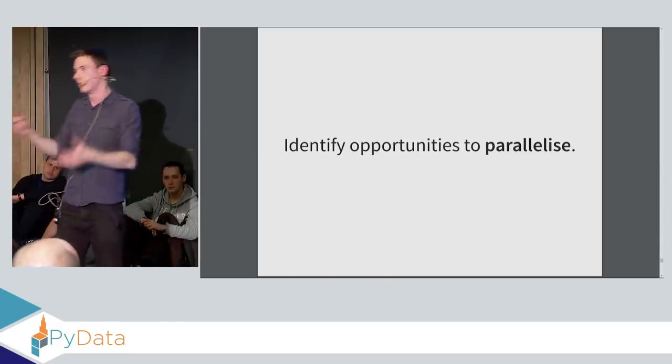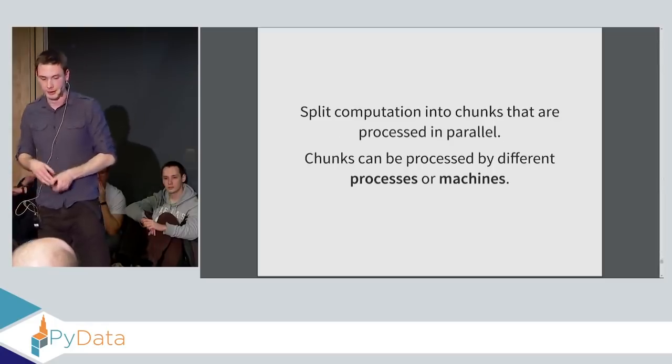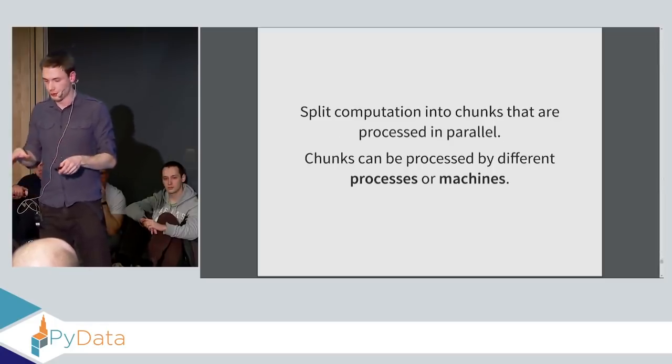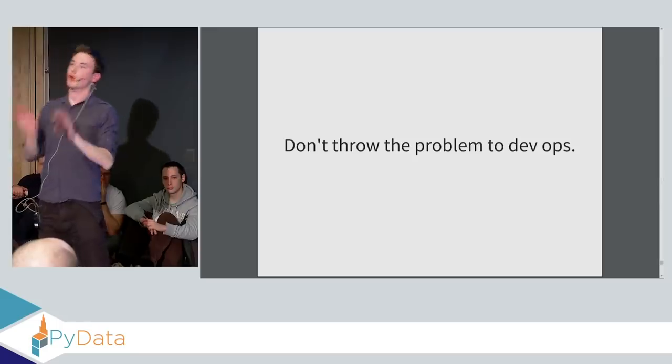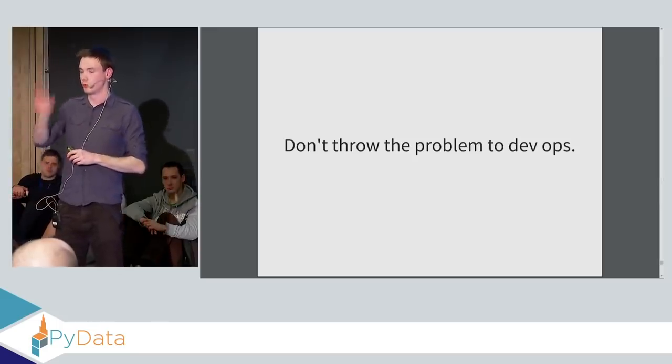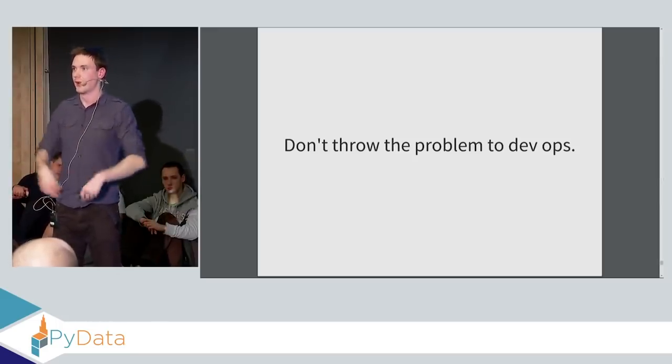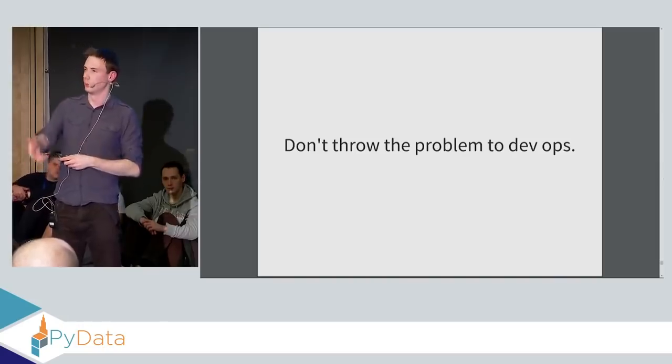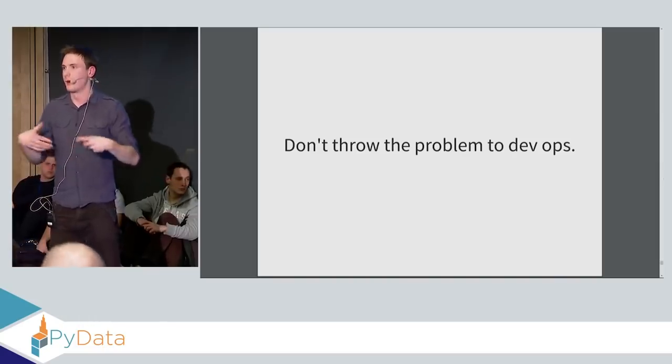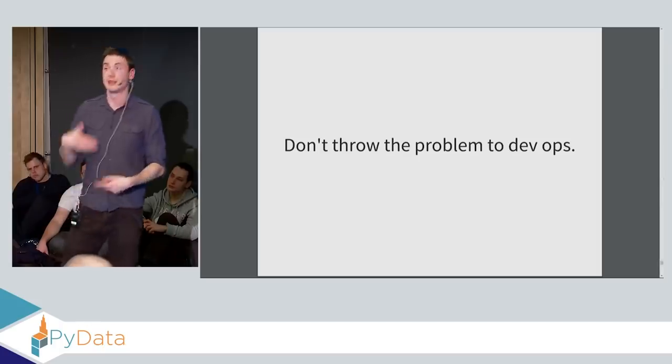You try to identify ways to shard your data, split it up, and run it on different machines on a compute cluster. But I urge people, before they go to parallelizing, to try using tools like NumPy and numba to optimize everything in one single process first and see if that's enough.